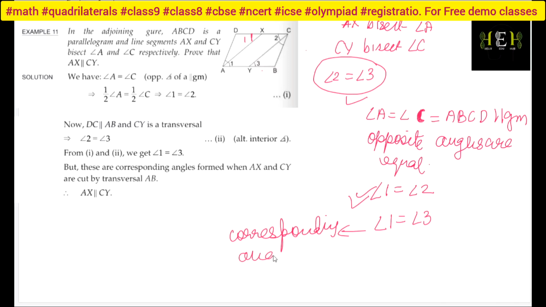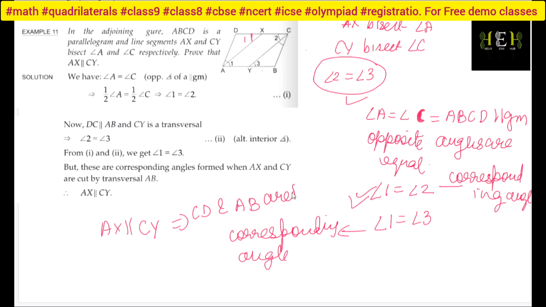This one is your corresponding angle. So these two are the corresponding angles. Then beta ji, I can easily say that AX is parallel to CY, where CD and AB are the transversals. Then only they will be the corresponding, na?